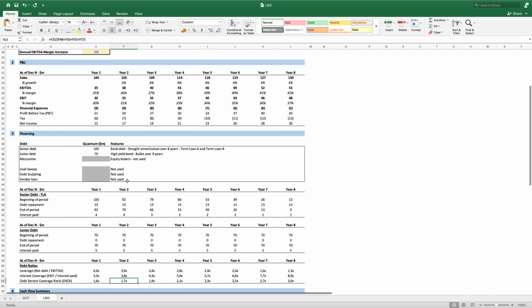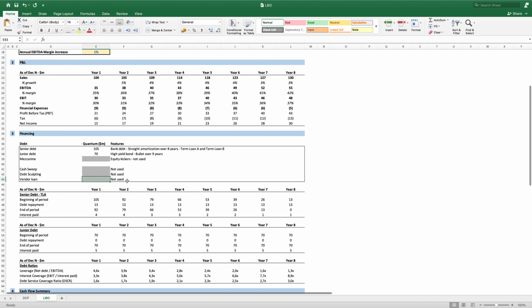If, for instance, I want to reach a DSCR level of 2 times, I would allocate part of the cash flow generated by the target to reimburse the debt in order to reach a DSCR of 2 times. Just modeling calibration in order to reach a certain constraint.